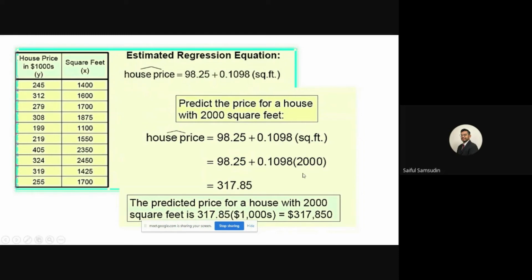When we calculate, we get the house price for 2,000 square feet is 317.85. Oh sorry, times 1,000, so 317,000. This is how you can use your regression as a prediction tool.